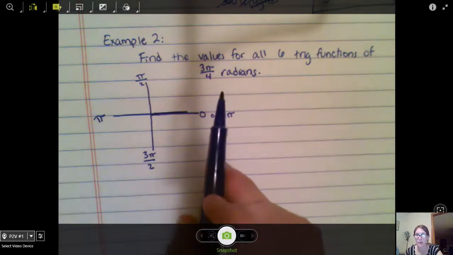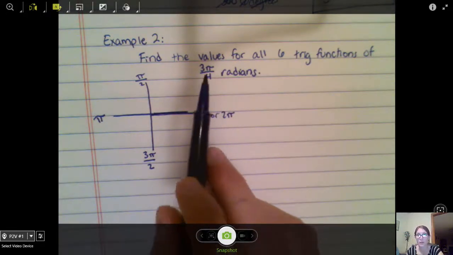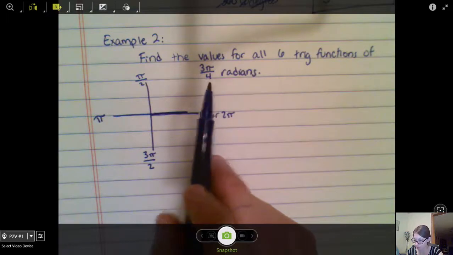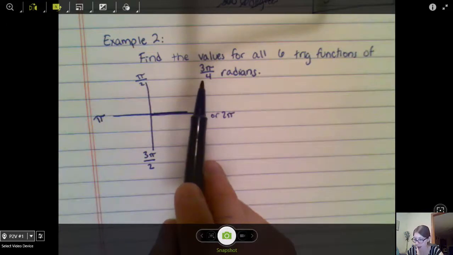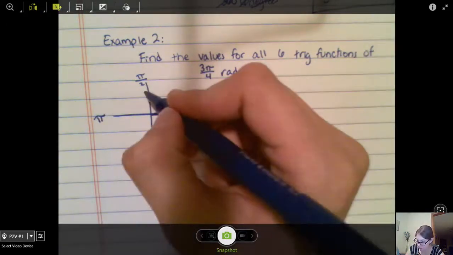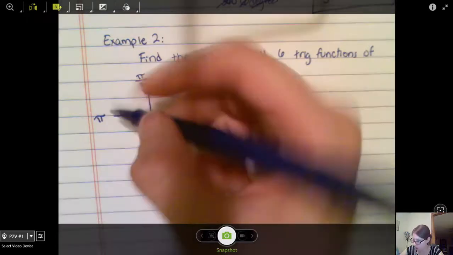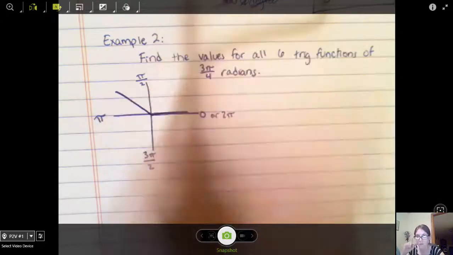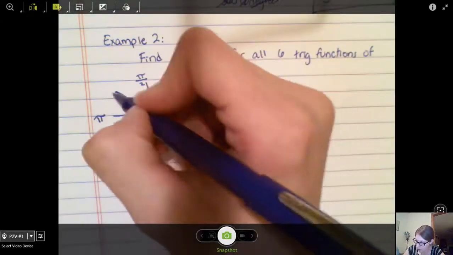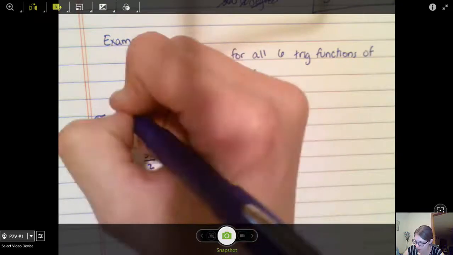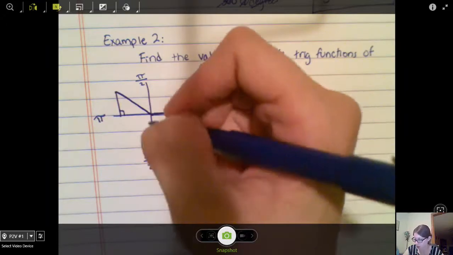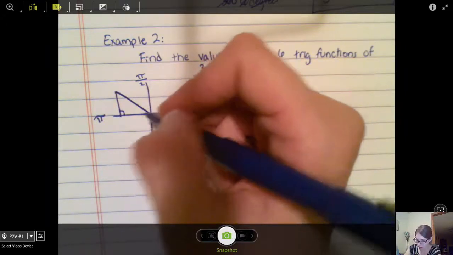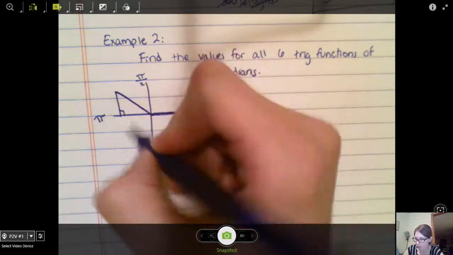Now, where's 3 pi over 4? Well, 3/4 is less than 1. You really can think of this as we are 3/4 of the way to pi. So here's a half of a pi, another quarter brings us here. So just like before, we figure out where our angle is, draw our line, draw our perpendicular to the x-axis, and then we need to think about, what kind of triangle do we have here?